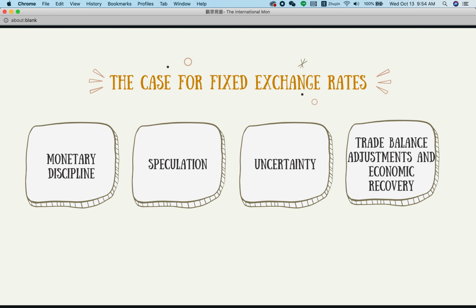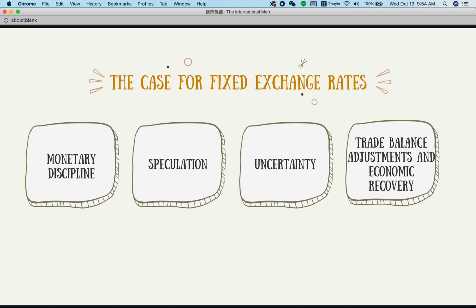The first is monetary discipline. The need to maintain fixed exchange rate parity ensures that governments do not expand their money supplies at inflationary rates, while advocates of floating rates argue that each country should be allowed to choose its own inflation rate.